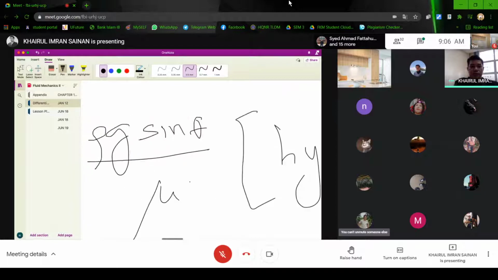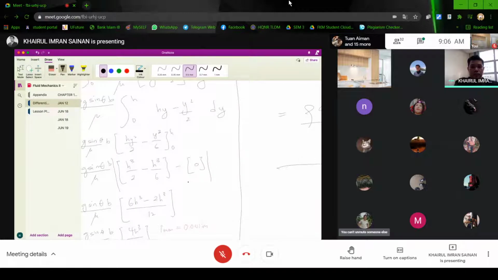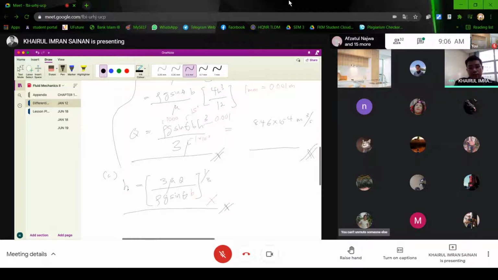That's the Q just now. So meaning H, and what are the Qs? So just put it to the other side. You're going to have 3 mu Q divided by rho G sin theta B, to the power of 1 over 3. That's it. That is for C.